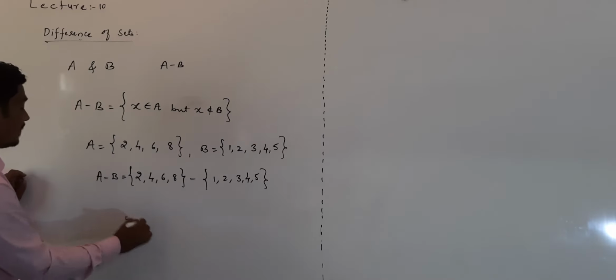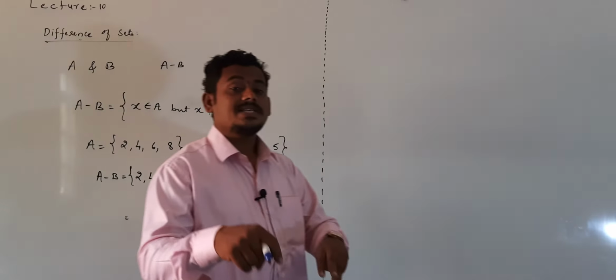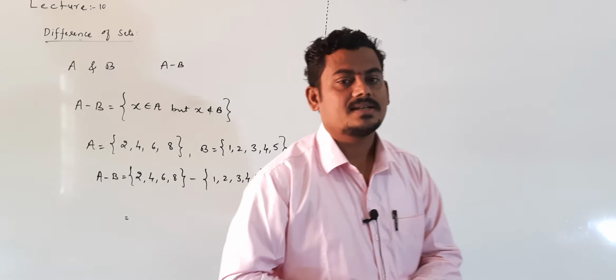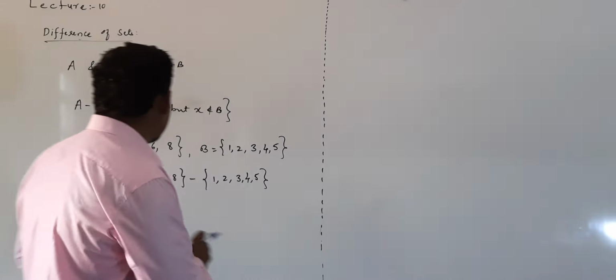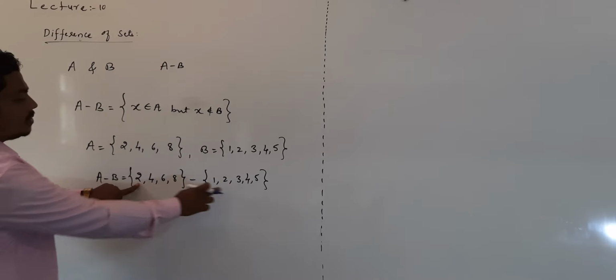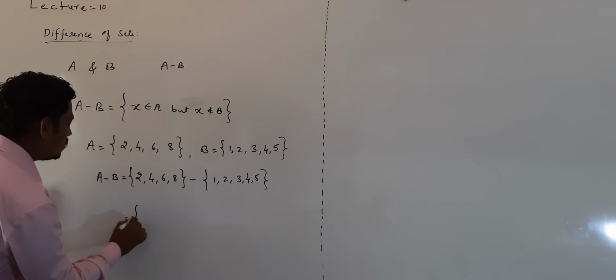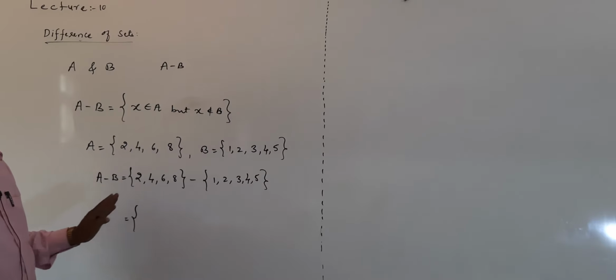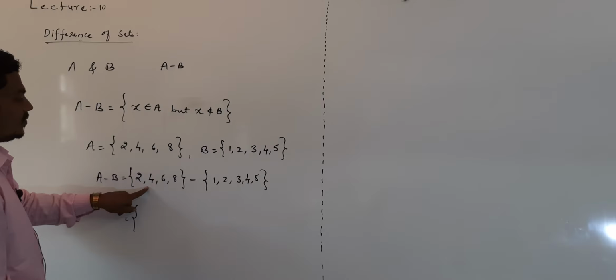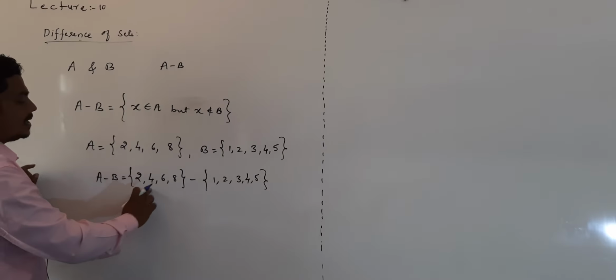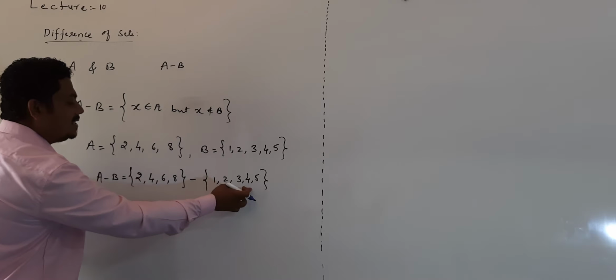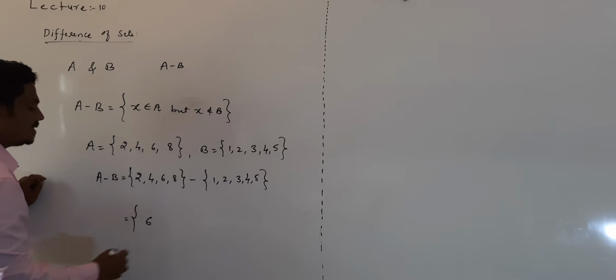What is the meaning of A minus B? Write all those elements in A but not in B. 2 is present in both the sets, don't write 2. 4 is present in both the sets. 6 is not there in the second set, so we need to write 6.